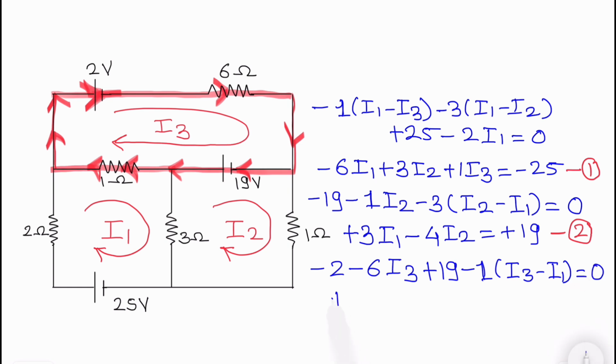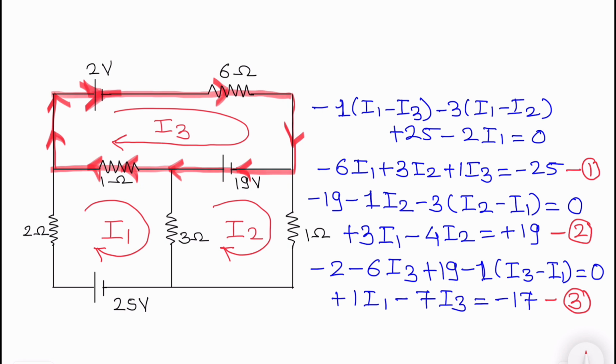Rearrange it. Plus 1 I1 minus 7 I3 equals minus 17. This is your equation number 3.